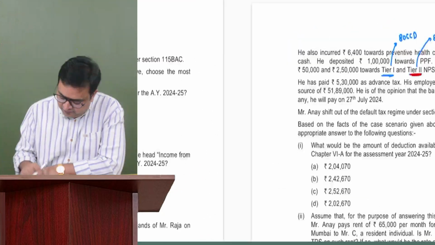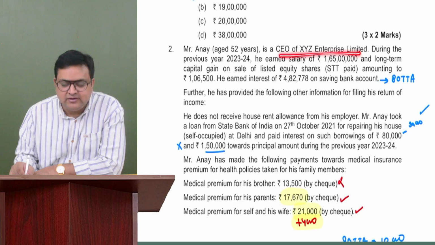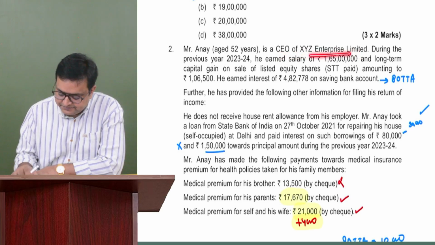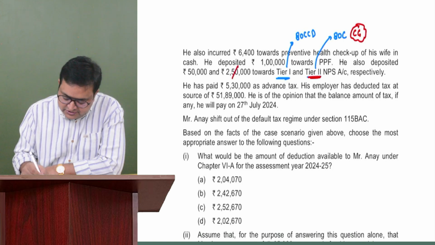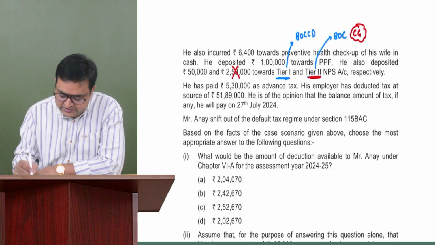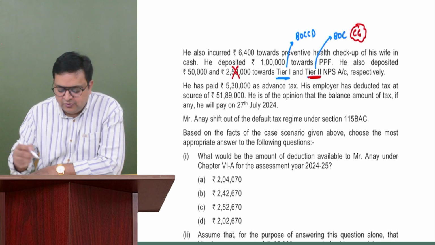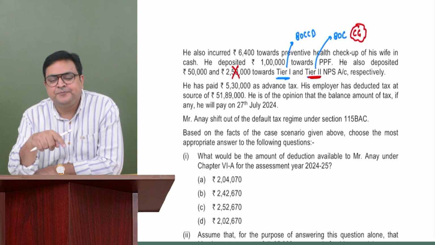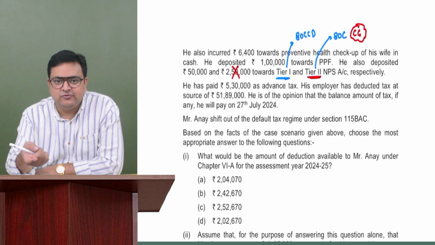Only central government employees can get this deduction for tier 2 of the new pension scheme. Was he a central government employee? No, he was not. It's just a company. So tier 2 deduction he will not get, but tier 1 deduction he can get. So 1 lakh over here and 50,000 under 80CCD(1) we can get, because the overall limit for 80C, 80CCC, 80CCD is 1 lakh 50,000 rupees, right?